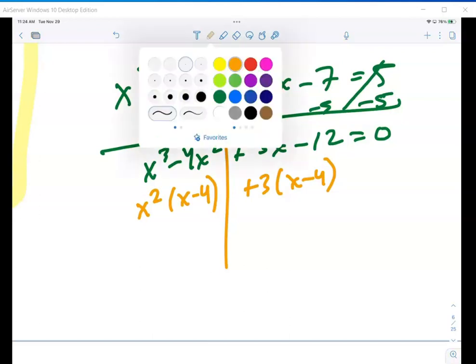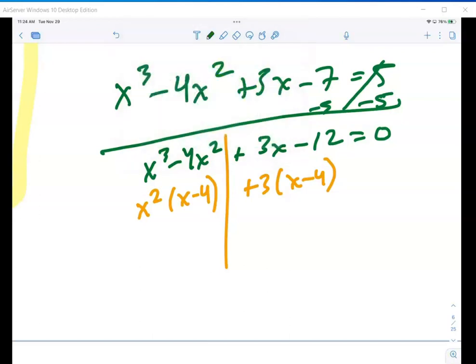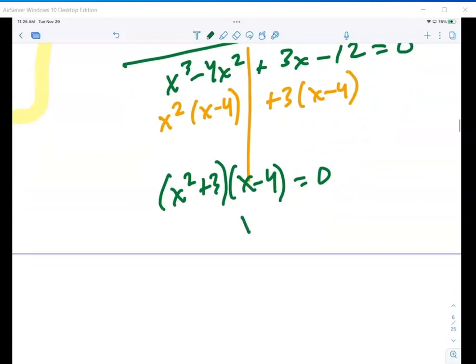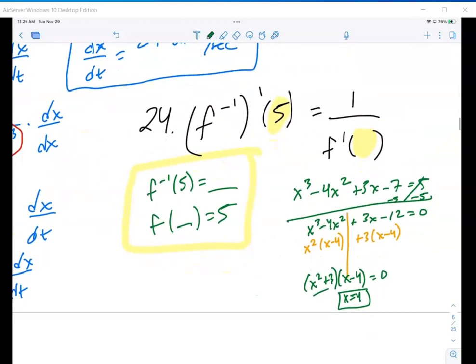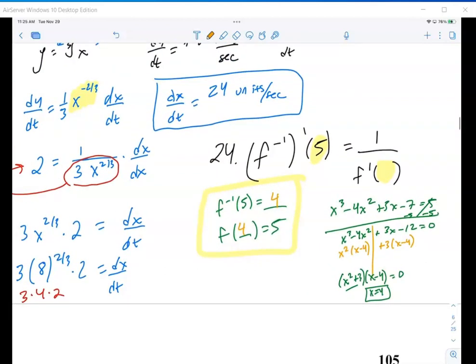And so by grouping, this factors to x squared plus 3 times x minus 4, which equals 0 at x equals 4. Nothing over there because I would get imaginary numbers. Okay, so that's this secret point right here, right? f of 4 is 5, f inverse prime of 5 is at 4. Okay, so I found that special point.